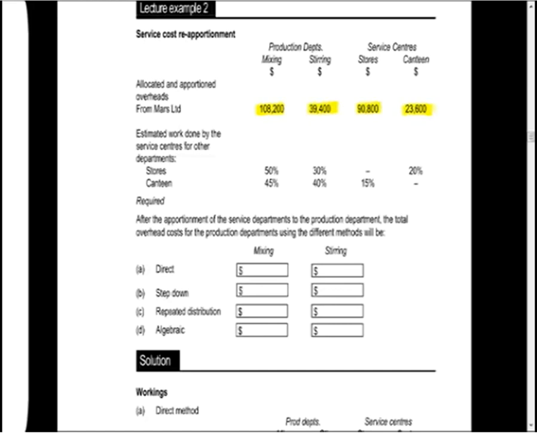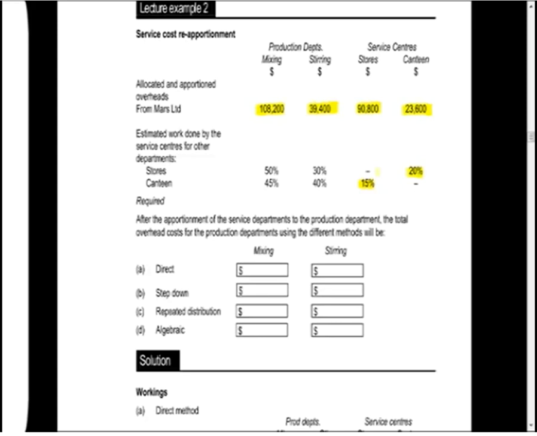So you can see here then that the stores department services the canteen, and the canteen services the store's employees. What we have to do then is reapportion the service departments to the production departments using the 4 different methods, and we'll see how that's going to work.